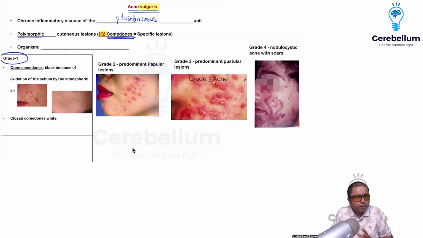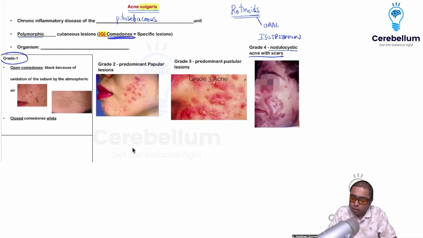So what is the treatment for acne? Remember, in all the grades of acne vulgaris, the treatment is going to be with retinoids. The 4th grade is a very severe type, also called nodulocystic acne. Oral retinoids are used in grade 4 acne, that is isotretinoin, whereas in the rest, grades 1, 2, 3, topical retinoids will be sufficient.